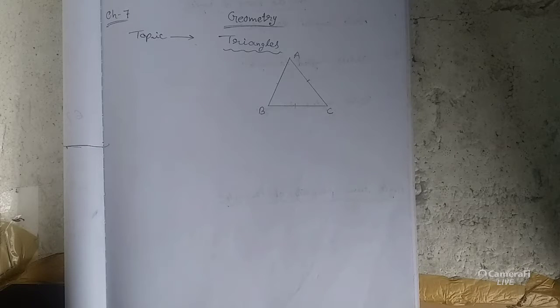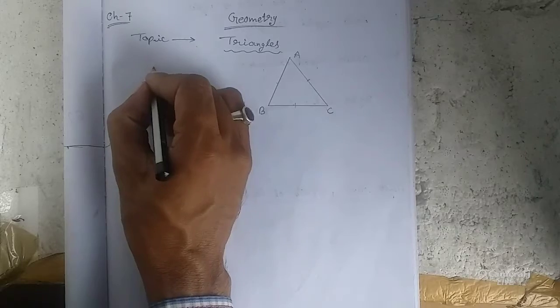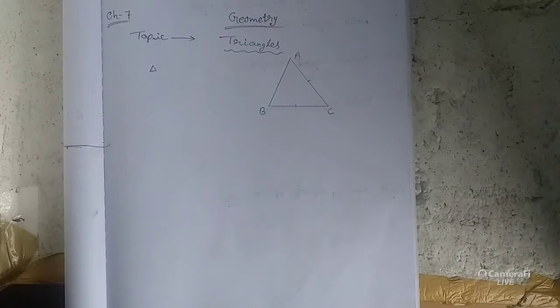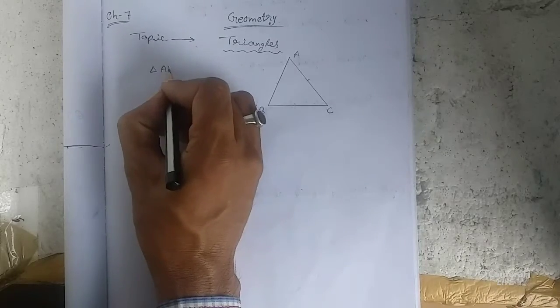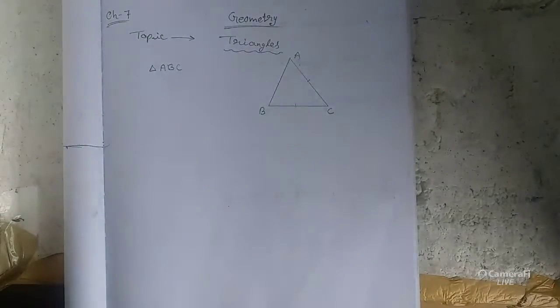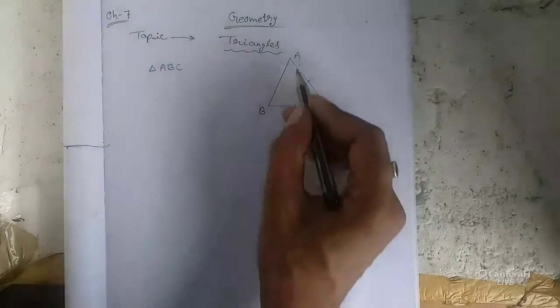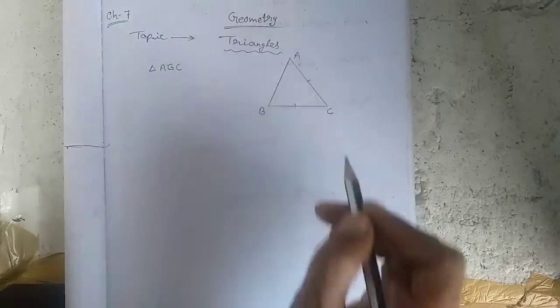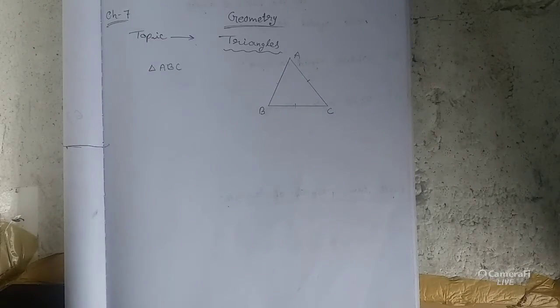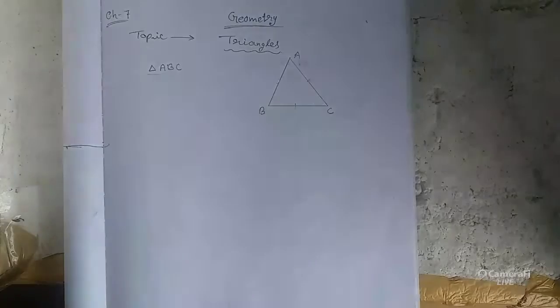Now what is the name of this triangle? The name of the triangle we will represent by this symbol, a small triangular symbol, and its name should be ABC. A point, B point and C point, and then represent the triangle ABC.